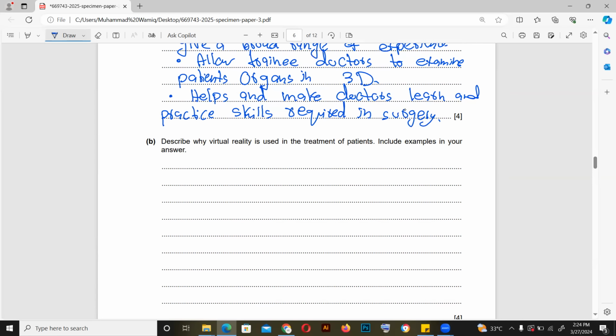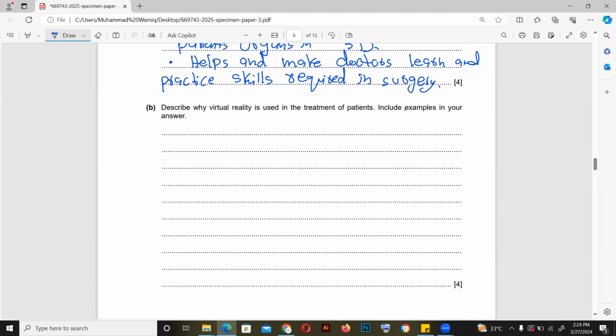Now, question number B part of that. Describe why virtual reality is used in the treatment of patients. Include an example in your answer. Why it is used. So this is for 4 marks.